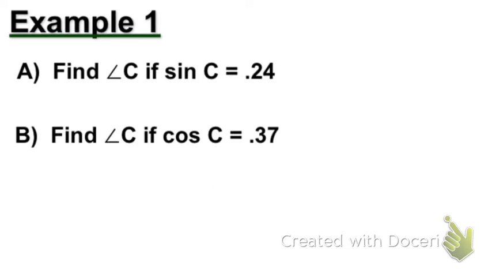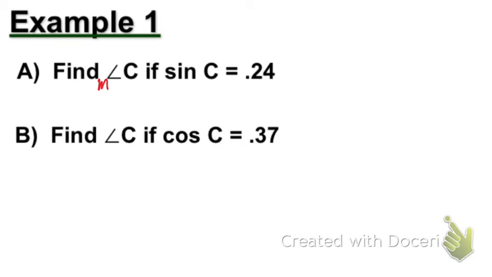All right. Find the measure of angle C if sine of angle C is equal to 0.24. So if you were to type sine of some angle and you got 0.24 out on your calculator, that's essentially what happened here. We're saying the sine of angle C is 0.24. That was the ratio.